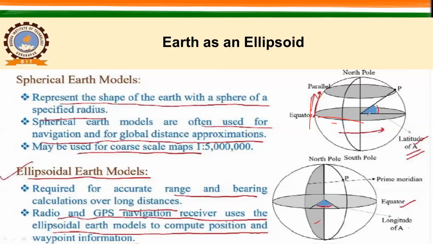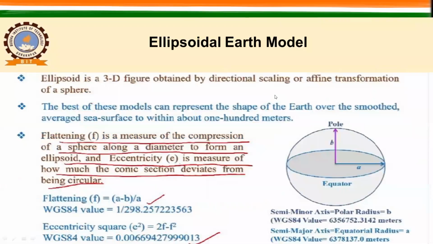Radio and GPS navigation receivers use the ellipsoid Earth model to compute position and related information. So let us see, when we consider Earth as an ellipsoid, what parameters or details we consider.